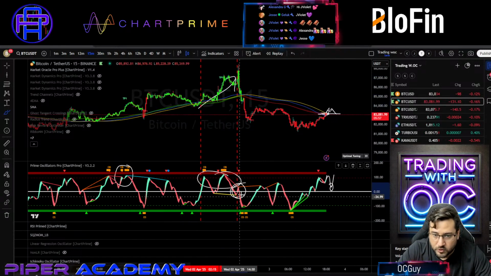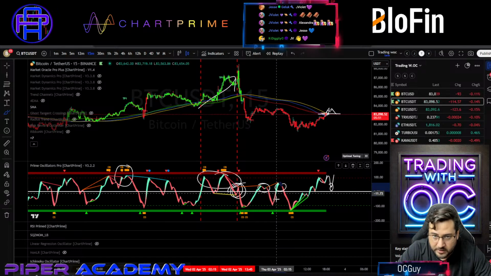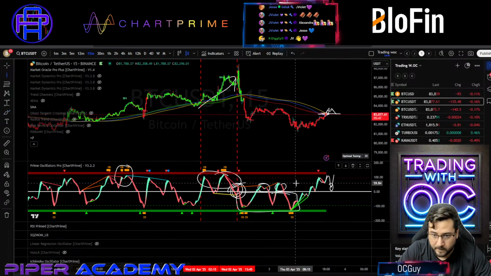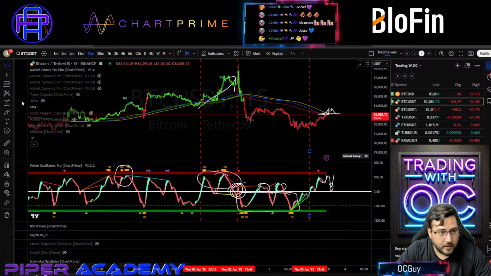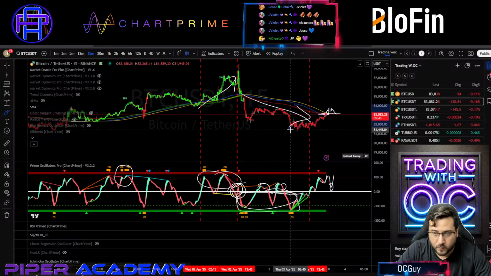As we lose the zero line, and most of the action, excepting these 2 peaks, is below, the price action, since it's below, is also bearish.